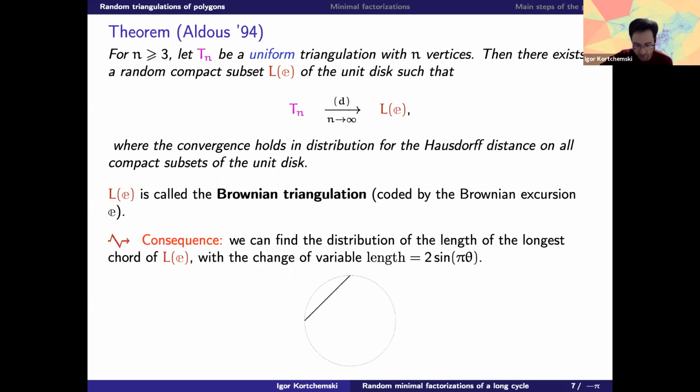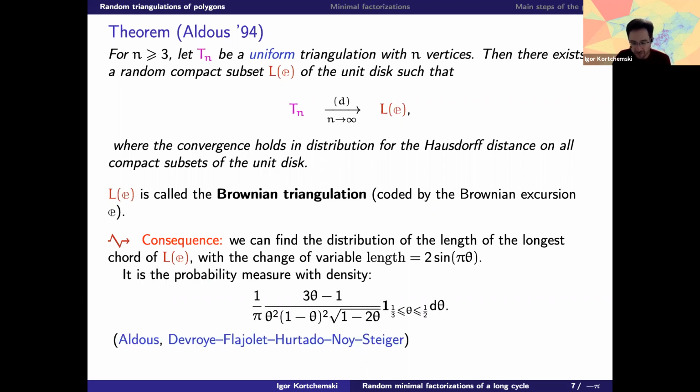If we do the change of variable to measure lengths not in the Euclidean way, but by the proportion of the angle intercepted by the chord, so for example, in this example, the angular length is theta equal 1/4. Then the length of the longest chord of the Brownian triangulation is a probability measure with this density.